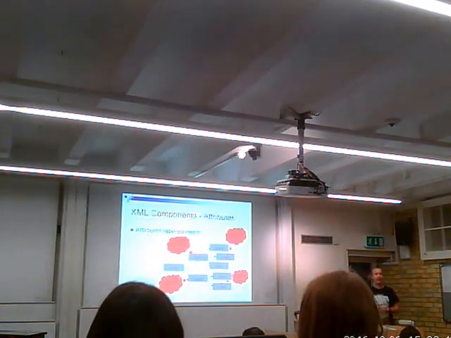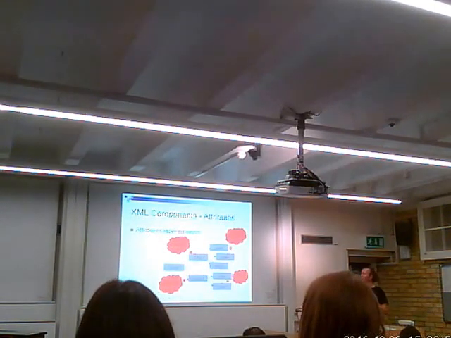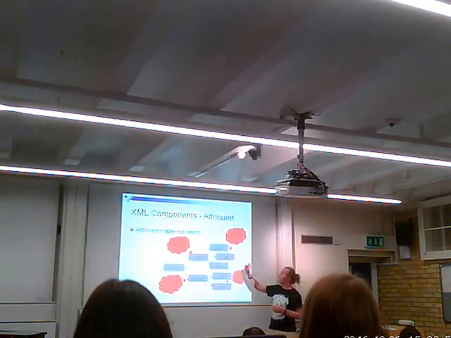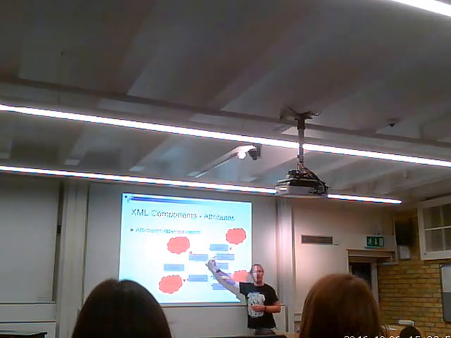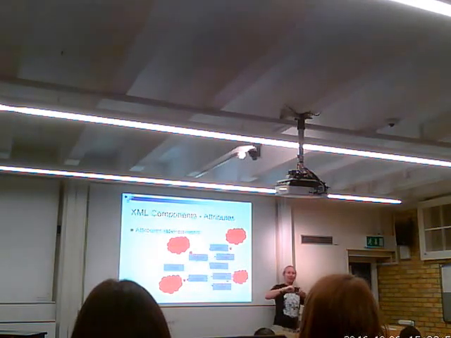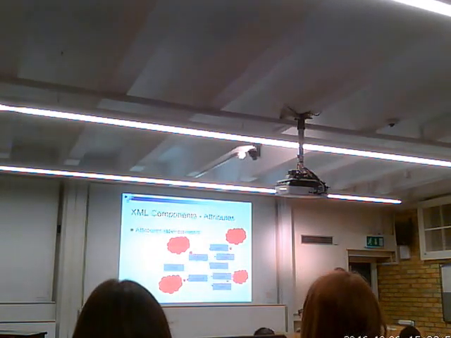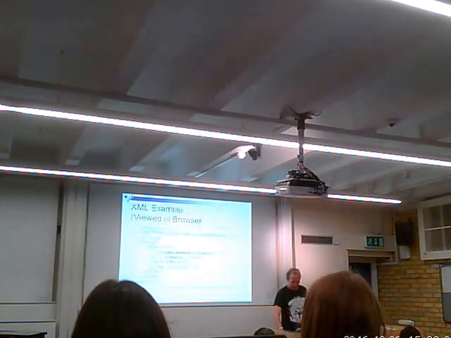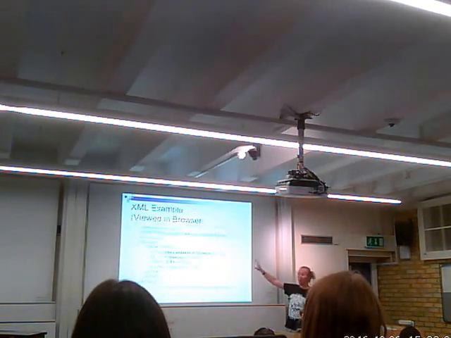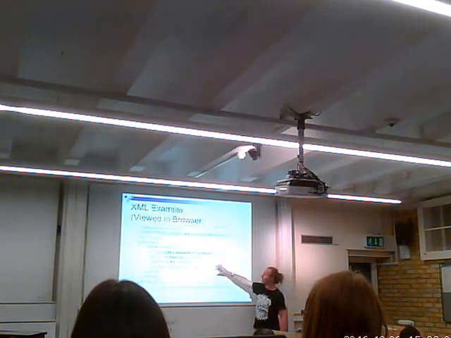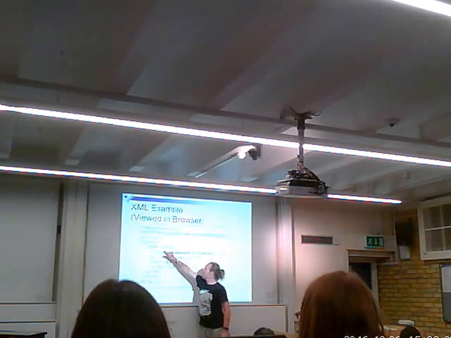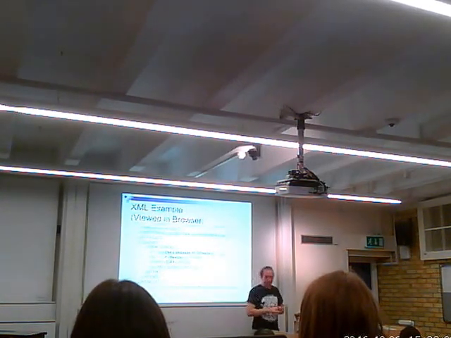So attributes are that bit that we had the question about, where we have an extra piece of information within the element's tag. So in the example we had before, the only example of an attribute is this one here, category equals S.